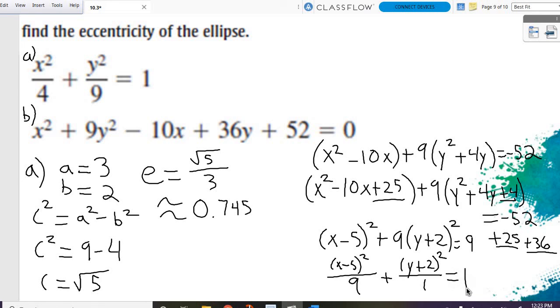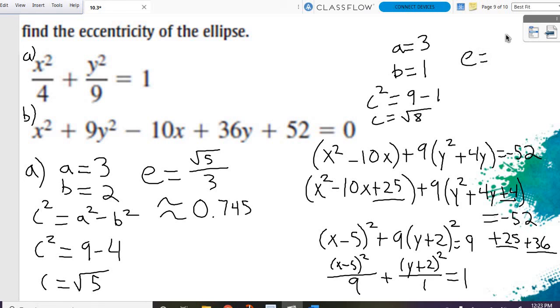Okay? So what is my A value this time? 3. And our B value? 1. So then we would have C squared equals 9 minus 1. So we get that C equals the square root of 8.